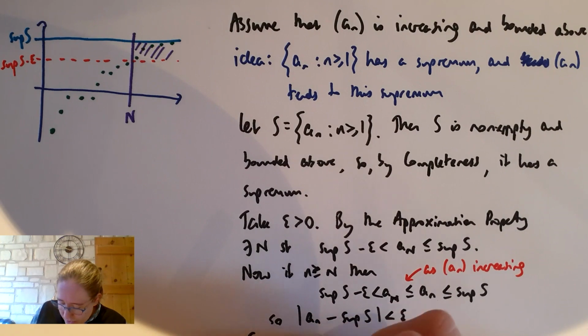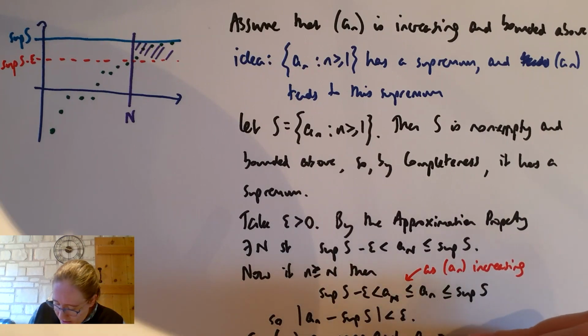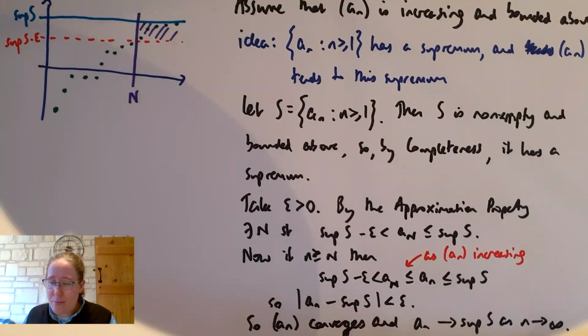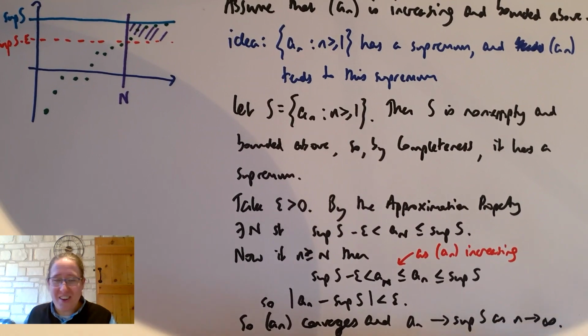And so the sequence A n converges, and A n tends to sup S as n tends to infinity. And that proves that an increasing sequence that's bounded above converges.